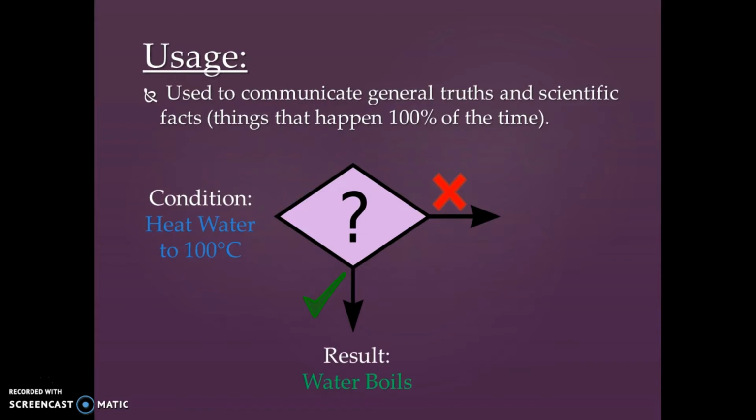Now, what happens if that condition is not met? Let's say you only heat the water to 95 degrees Celsius. Well, the result is that water doesn't boil. So, our fact here, that if you heat water to 100 degrees Celsius, it boils, is something that's always true.